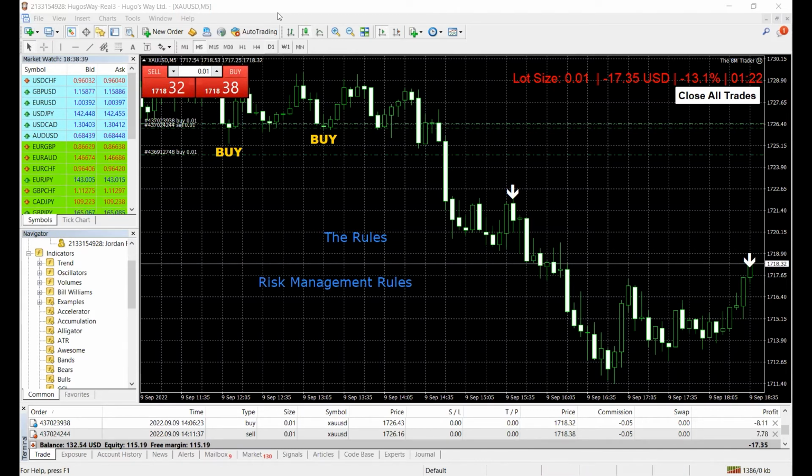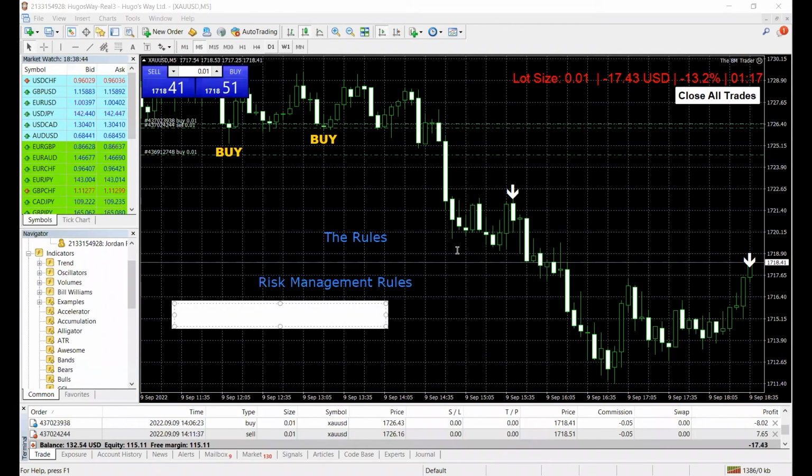Well, the first thing we need to understand about risk management is that golden rule I was talking about with this particular pair. There are going to be multiple rules that we talk about as we move forward with the journey. However, we're going to talk about the gold pair, XAU USD, and the risk management rules there.